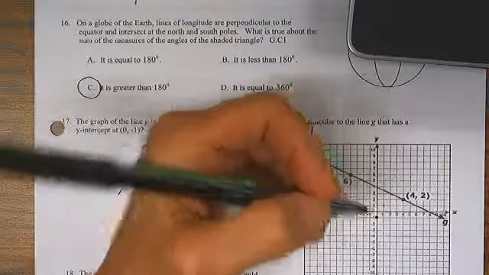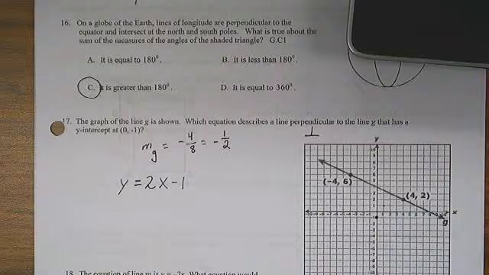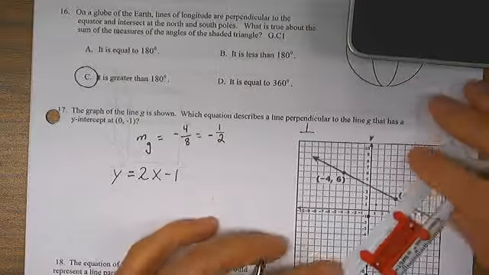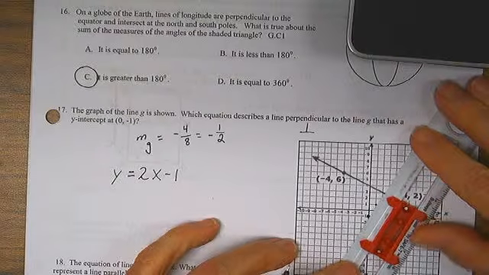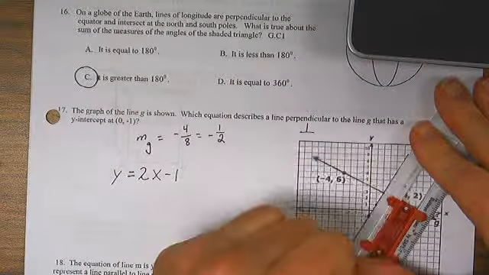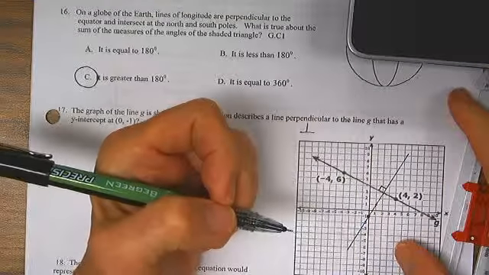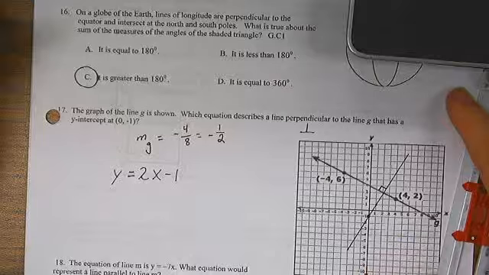Let's just see what this looks like in a graph, and the perpendicular line would look like this. Because they're perpendicular, we know we have right angles.